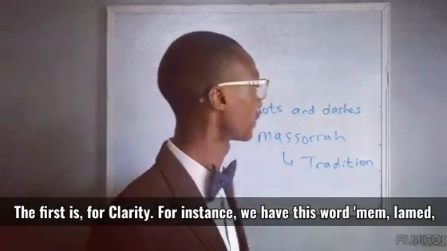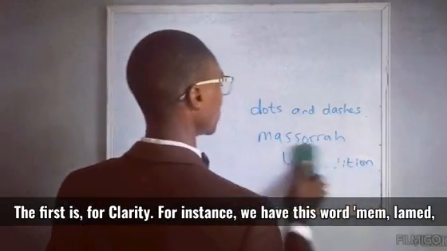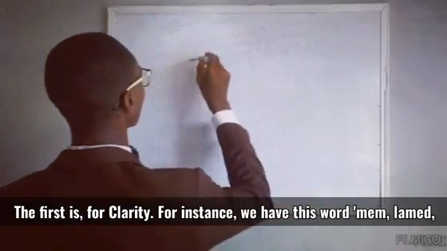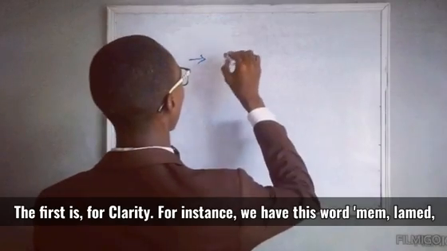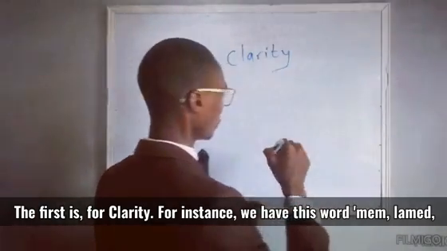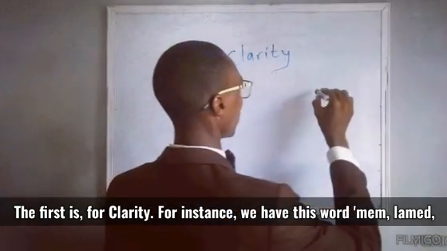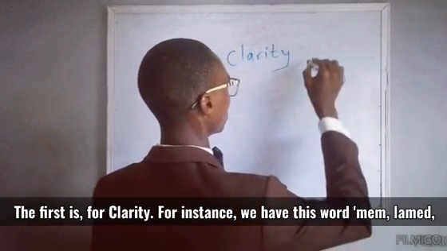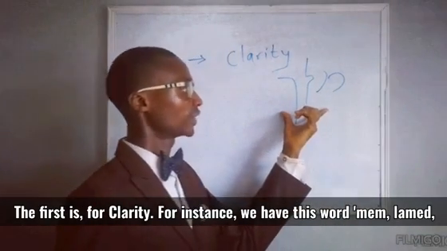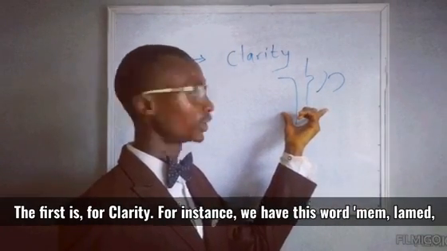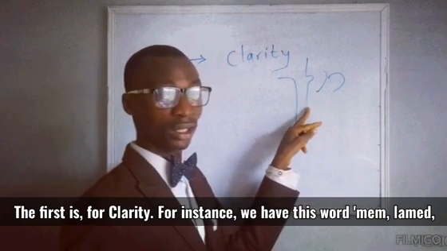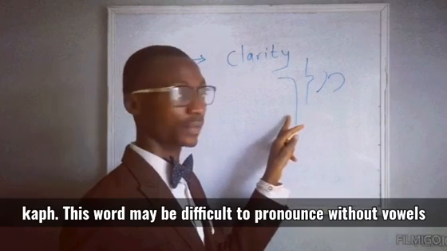The first is that the vowels allow for clarity. For instance, this is a word in the original Hebrew text. We have mem, lamed, and kaf.